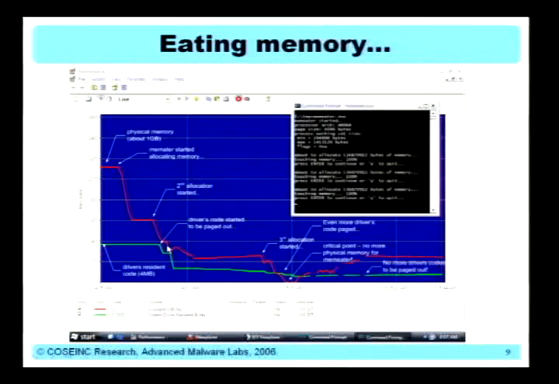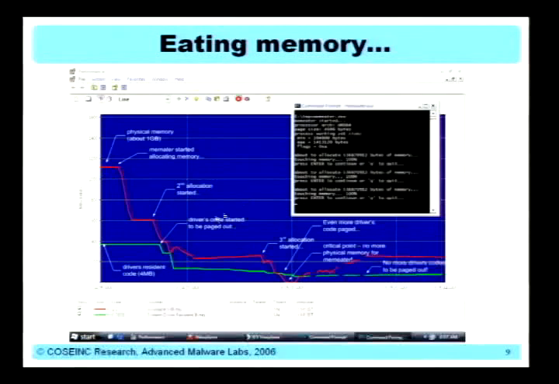So the system is trying to allocate as much physical memory for my virtual memory as possible. You can see this green line here is the amount of bytes of code of kernel drivers which are in physical memory, so the number of resident pages, probably pages of kernel drivers.